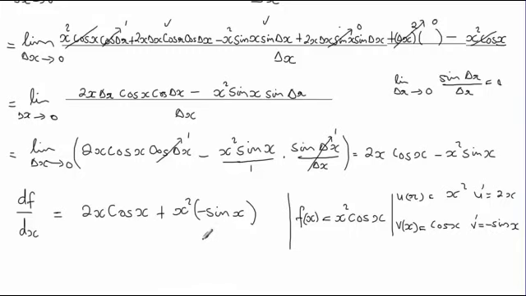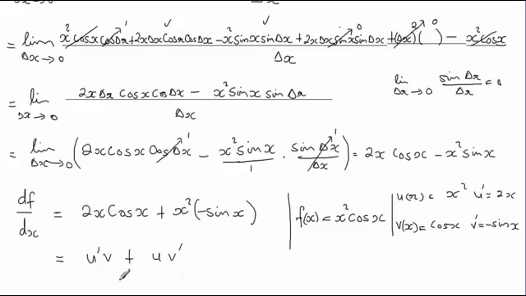So now what we've got here looks like u prime, which is 2x, multiplied by v, plus u, which is x squared, multiplied by the derivative of v.